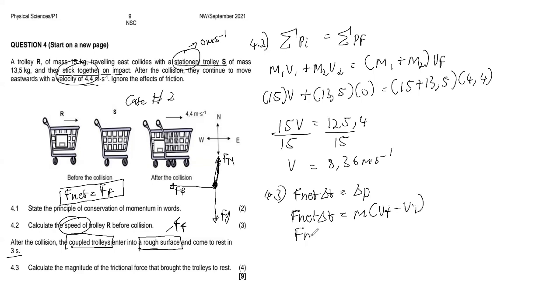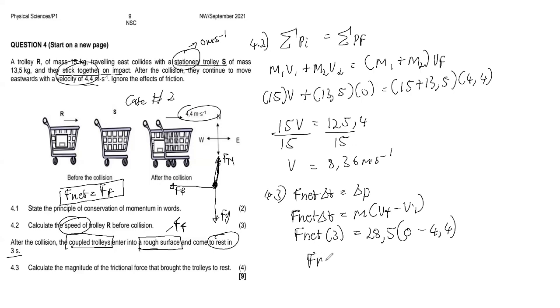We are told that delta t is 3 seconds, and the mass is the mass of the coupled trolleys, so we add 15 plus 13.5, that gives us 28.5, right? And then the final velocity, remember, comes to rest, so this is 0. And initially, this would be the velocity, 4.4.